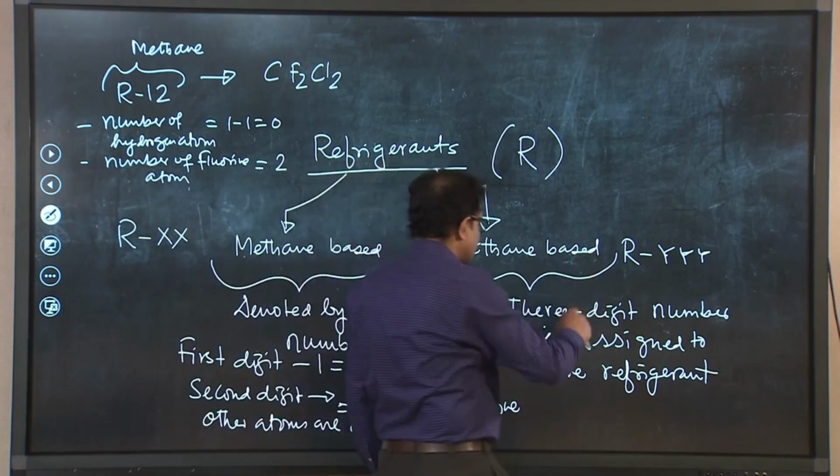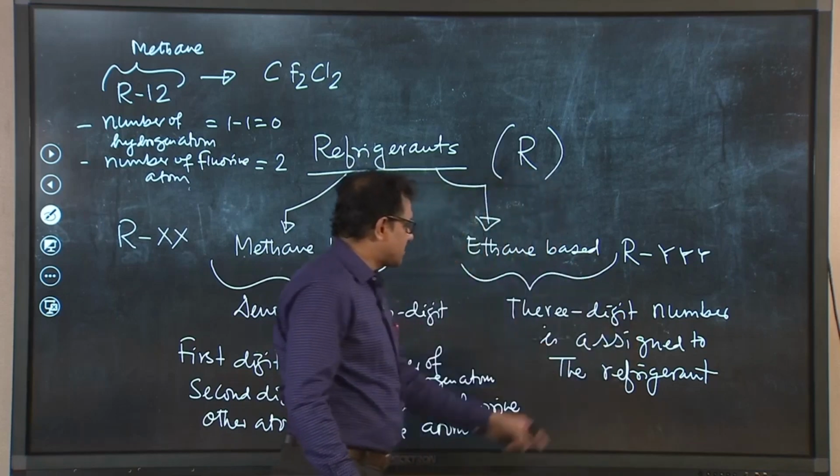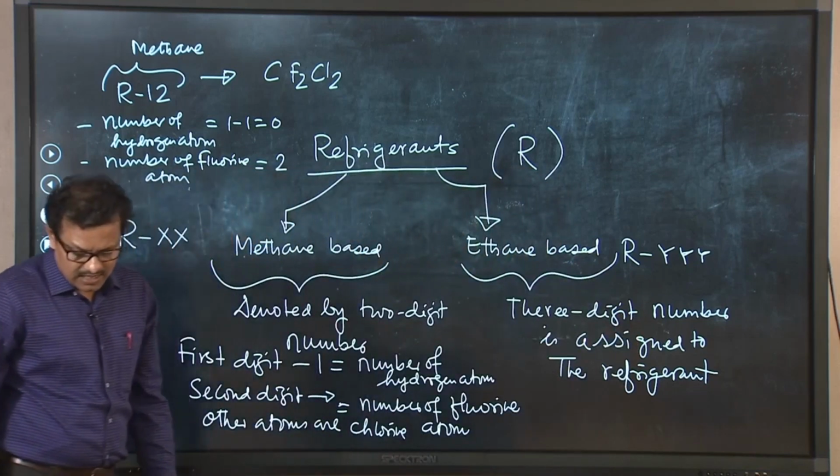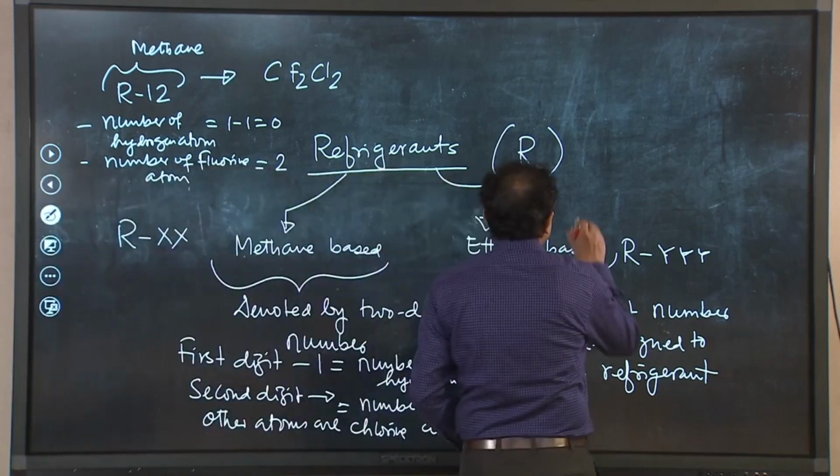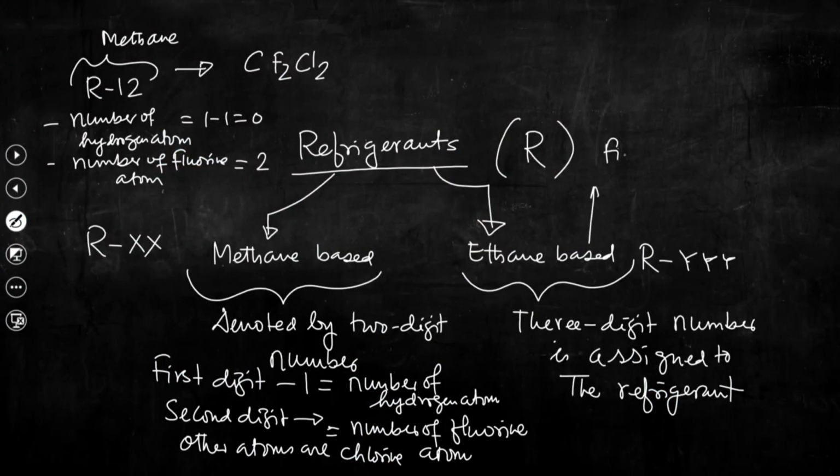Similarly, for the ethane based, a 3 digit number is assigned to the refrigerant, right. So, first digit is always 1. Second digit minus 1 equal to number of hydrogen atoms.